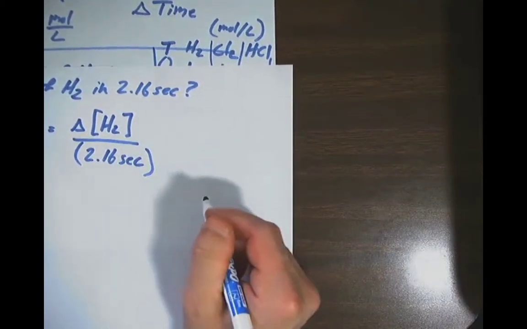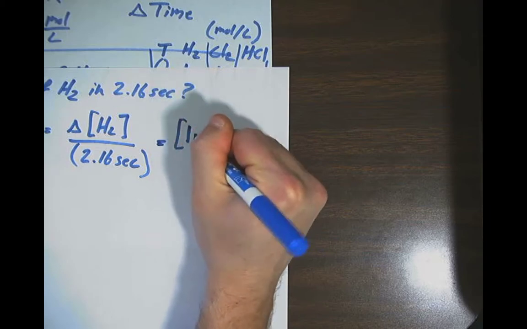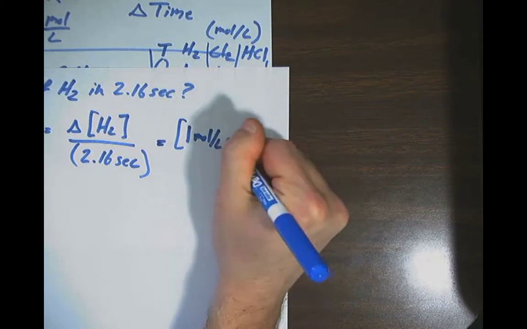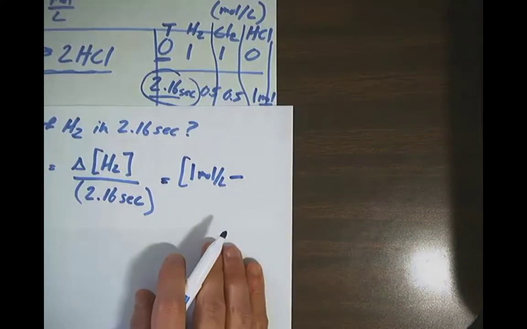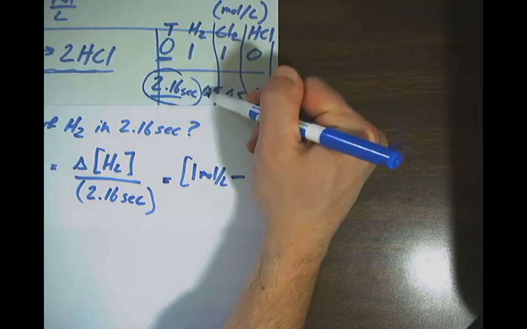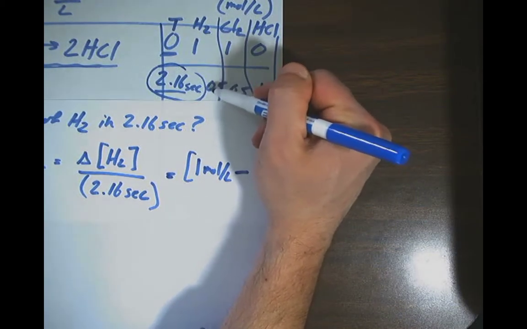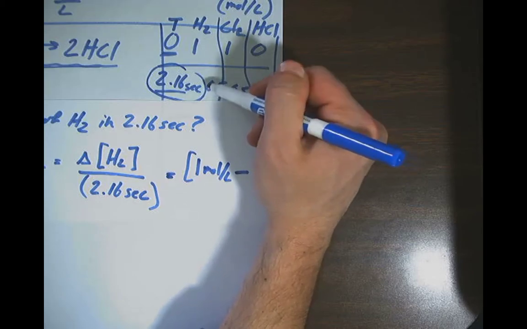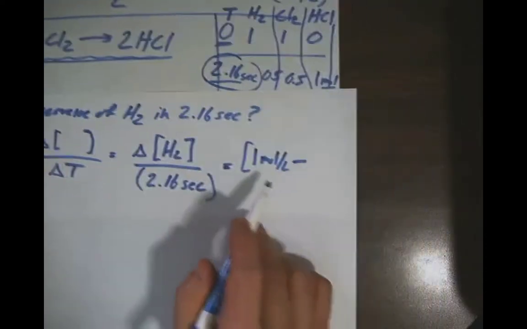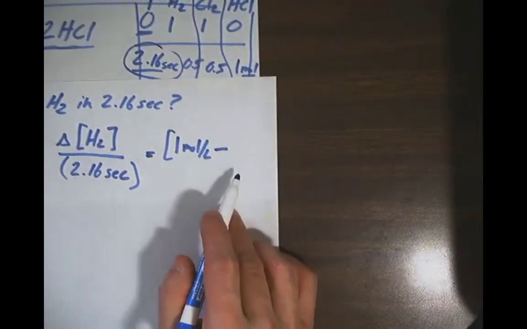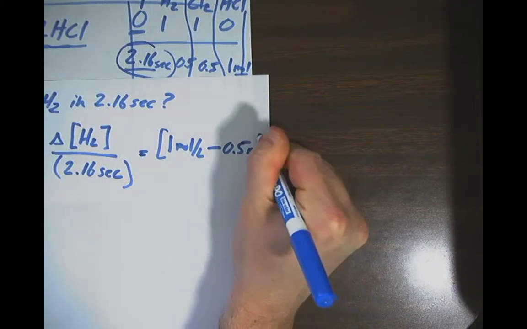So in other words, that is going to be 1 mole per liter minus our new concentration, which at 2.16 seconds, you can see the concentration of H2 drops to 0.5 moles per liter. So that makes sense, right? So the H2 is disappearing. It went from 1 mole per liter down to 0.5 moles per liter.